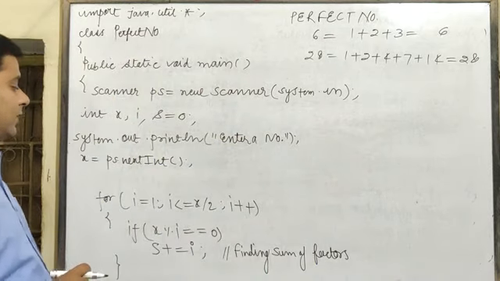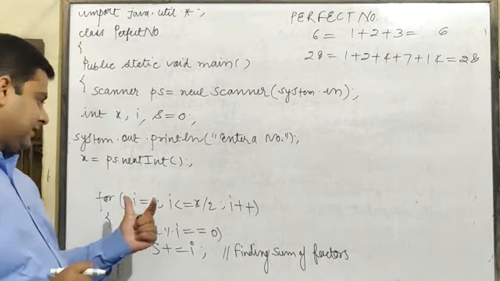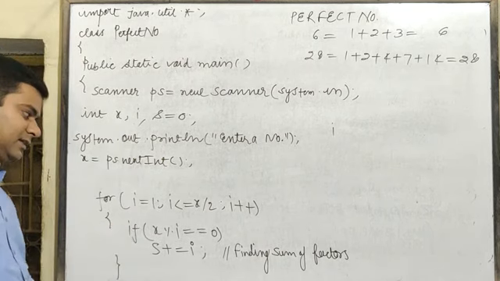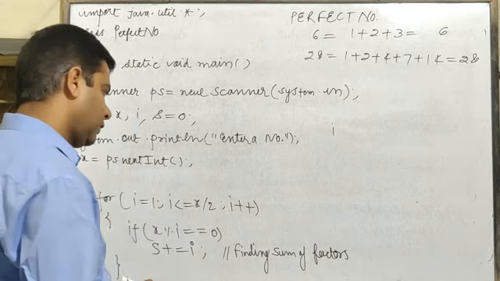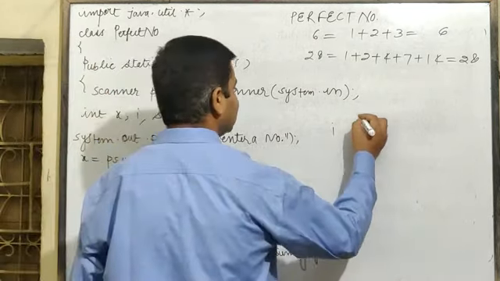This way. Now, how shall we understand the concept of finding the sum of factors? How does it work? For example, we are taking the value of x as 28. So how shall this program find the sum of factors?